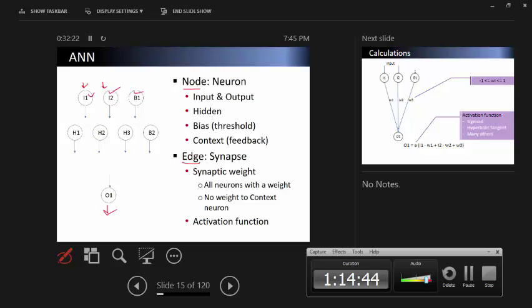Internally, all are added. We have hidden nodes. We have a bias at each level: bias 0, bias 2, bias 3, 4, 5. They work together. And on each synapse, we have a weight. Weight 1, weight 2. And bias also has a synapse.